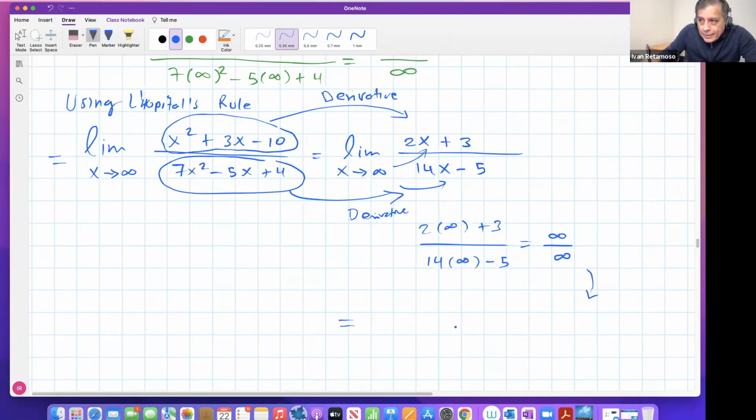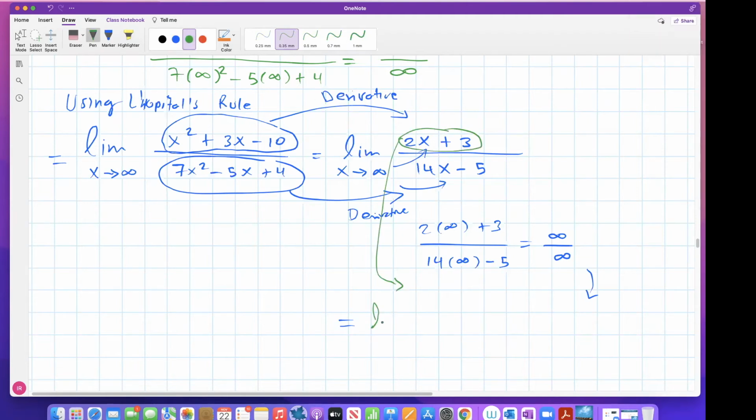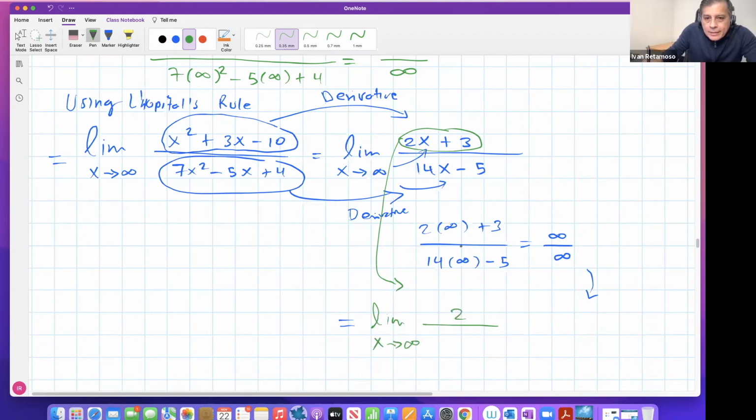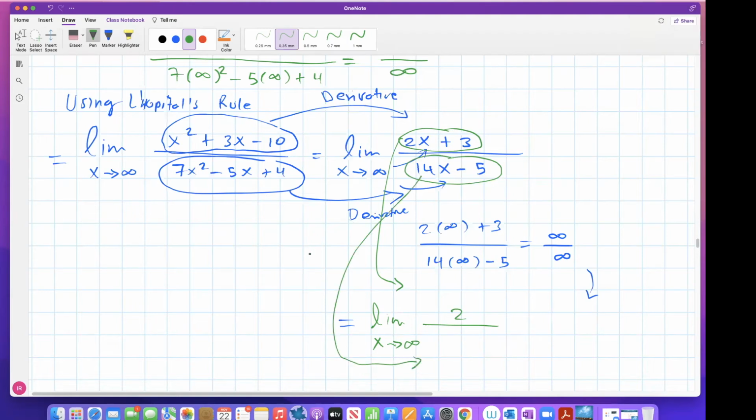So if you apply L'Hopital's rule again, taking the derivative again, derivative of 2x plus 3, what's that? Well, 2, just 2 here. Derivative of 14x minus 5: 14. Very good.